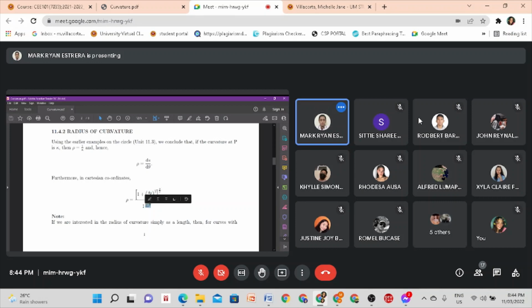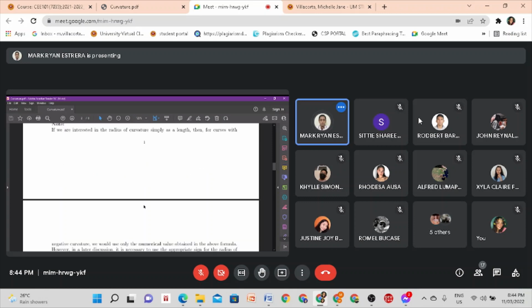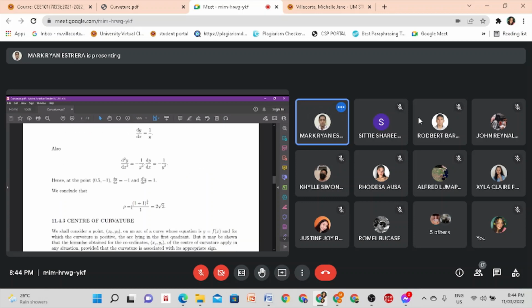Then there is 1 over it. Okay? And so, the simplified form of the numerator and denominator yielded an answer of 2 square root of 2. Okay? So, that is for the radius of curvature itself.